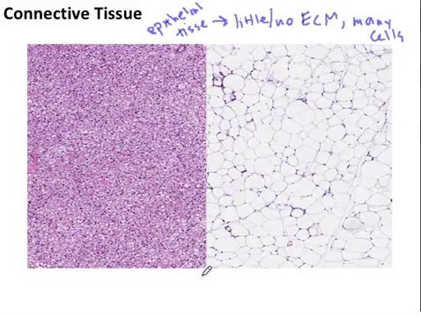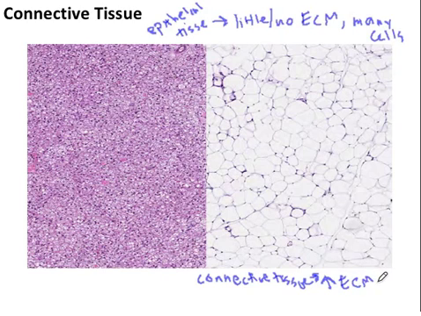Well, if we talk about connective tissue, we have abundant extracellular matrix and few cells.